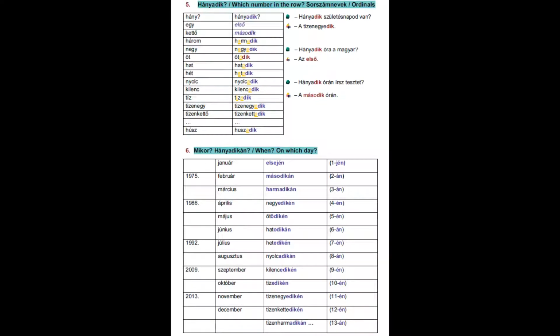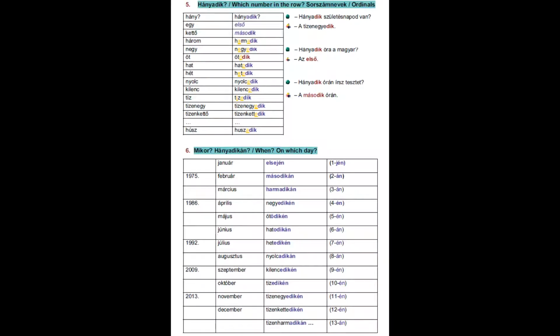We have a lesson online that you can access as well, and that included these sorszám nevek. That's a long word, but can you spot a few words in that long word for ordinals in Hungarian? Sorszám nevek. The first word I see is sor, which is row.